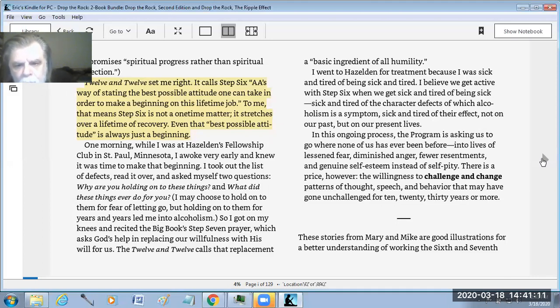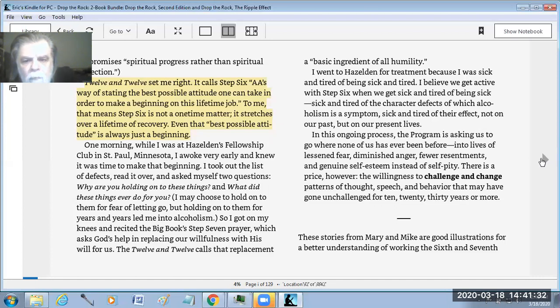I went to Hazelden for treatment because I was sick and tired of being sick and tired. I believe we get active with Step 6 when we get sick and tired of being sick and tired of the character defects of which alcoholism is a symptom, sick and tired of their effect, not on our past, but on our present lives.